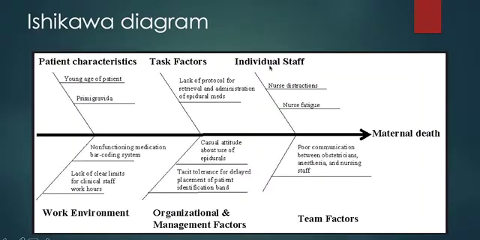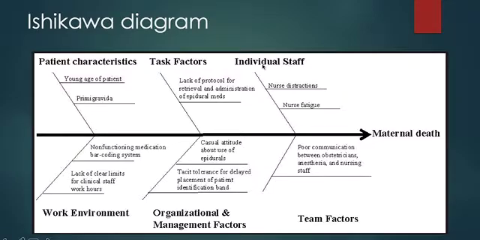So individual staff, task factors, patient characteristics, work environment, organizational and management factors, and team factors. So their categories look different. Their categories are very specific to their problem and the context of their problem, which is in hospitals.